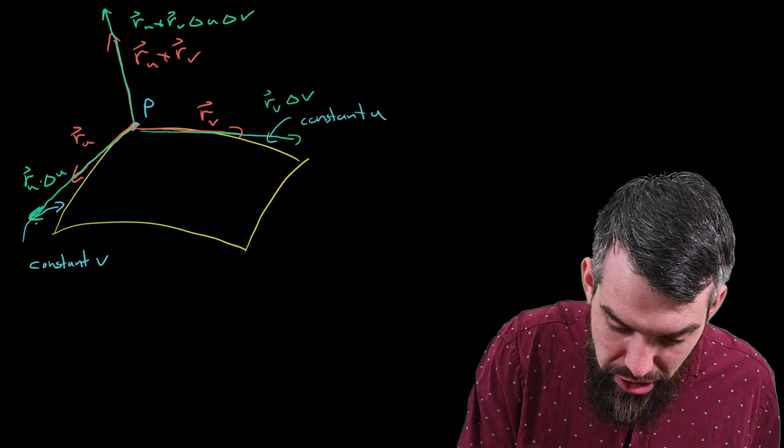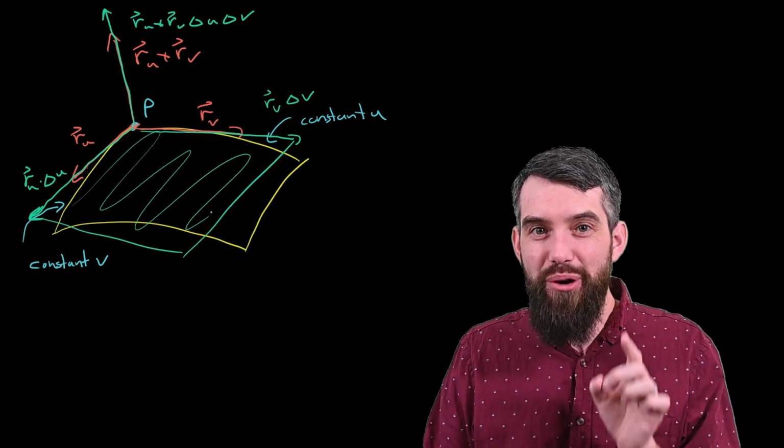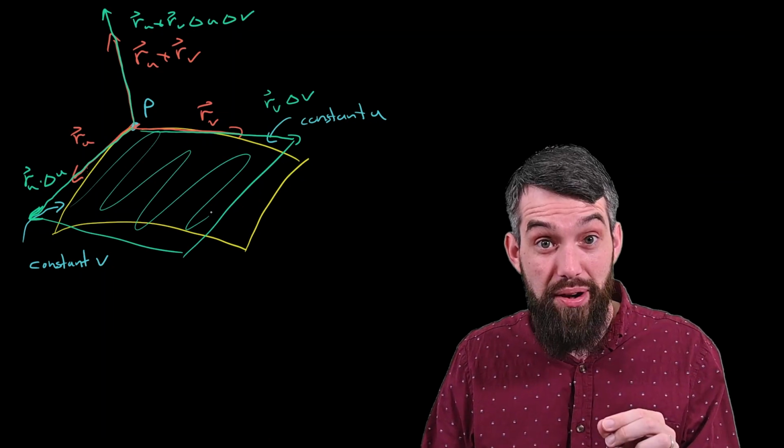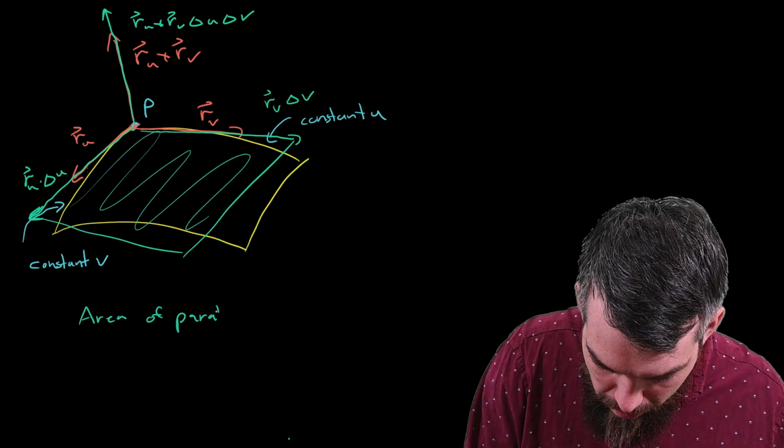So I can imagine that there's sort of a parallelogram here, and the area of this parallelogram is given by the length of the cross product. Okay, let's write that down.